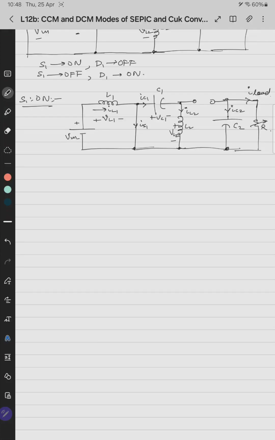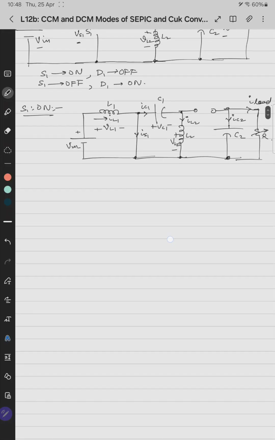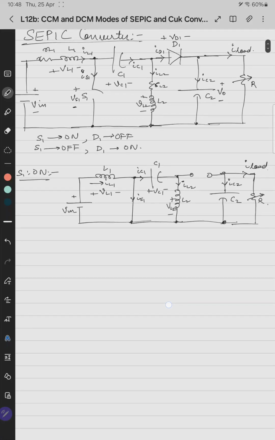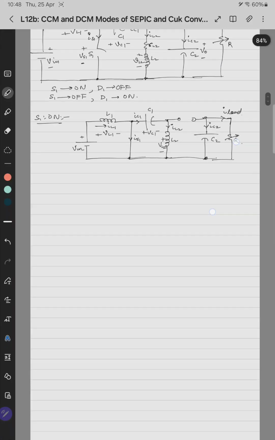So this is the steady state equivalent circuit of the SEPIC converter when the switch is on.